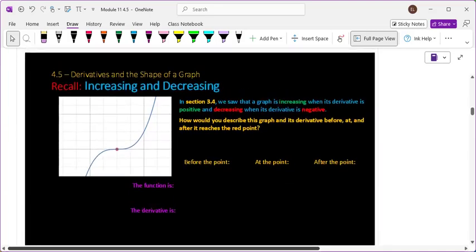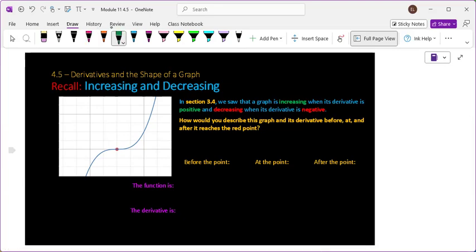All right, so this particular point, the derivative at that point is flattening out. The derivative there is 0. What is the function doing before that point? Yep. I'm just going to say at the point it's flat.